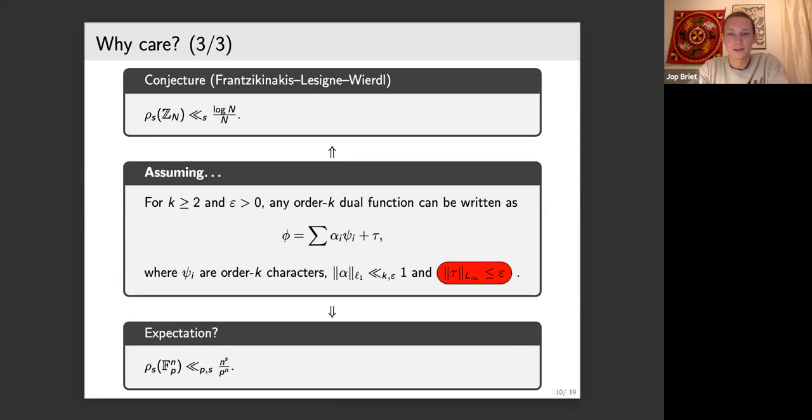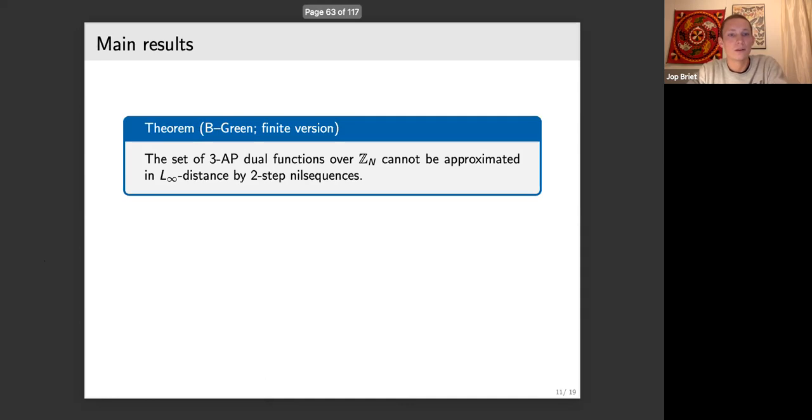Finally, moving to the main results of this talk: they say that this assumption is false in general. First of all, I want to mention a finite version of a recent result with Ben Green. The finite version says that the set of three-AP dual functions over Z mod n can't be approximated in L infinity distance by, let's say, convex combinations of two-step nilsequences.